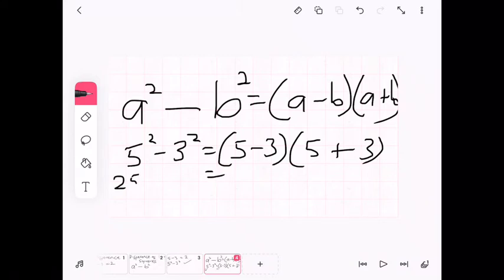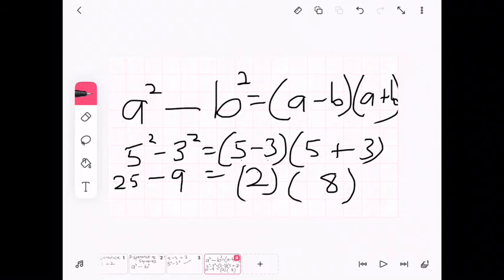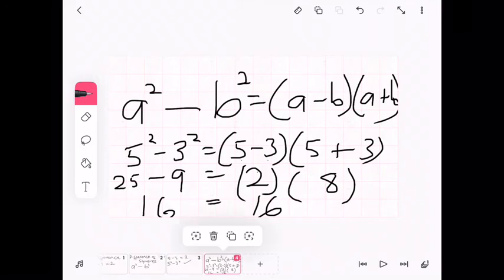Now, traditionally, we know that this is 25 and that is 9. 5 minus 3 should give us 2. 5 plus 3 should give us 8. Solving this, we also get 16, and that also gives us 16. This means that it worked.